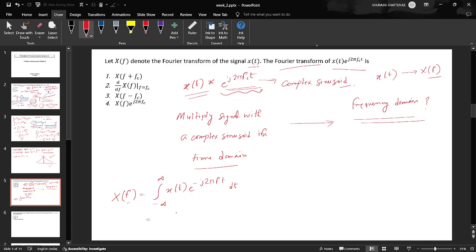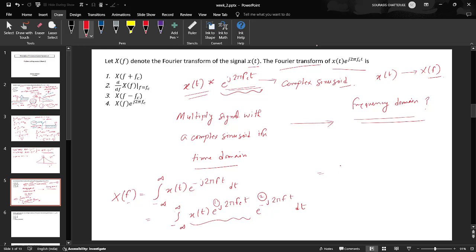So let's assume now in place of x(t) you are willing to have the Fourier transform of x(t) times e to the power j 2 pi f_c t. So this is now your whole function. The rest of the part will remain intact, e to the power minus j 2 pi f t dt. Now you can see there are two exponentials, one here, one here.